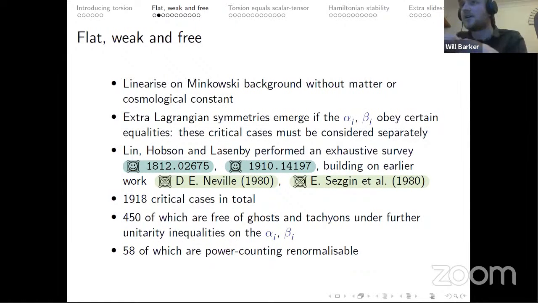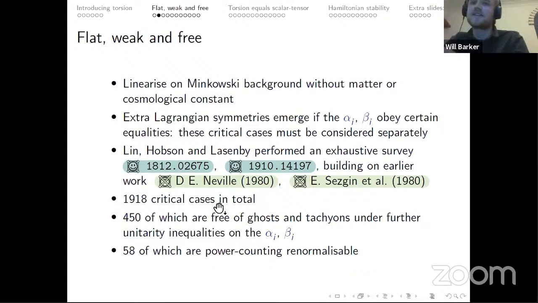So some colleagues of mine have studied this question quite deeply, and they found that there are nearly 2,000 distinct cases of the 10-parameter theory where you have to treat it separately. And those cases are going to be defined, as we'll see on the next slide, by some conditions amongst the dimensionless coupling constants.